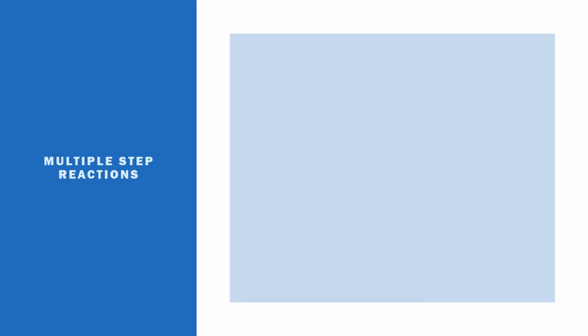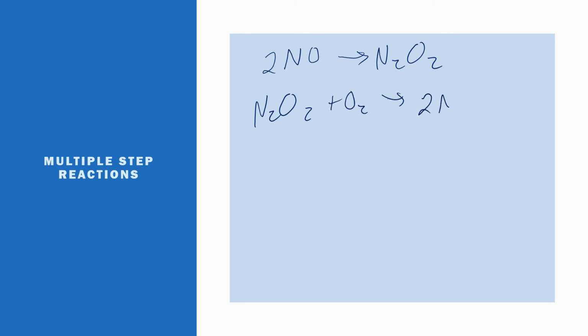So now let's briefly look at those examples that I've already given you. The first elementary reaction we had was 2NO yields N2O2, and we know this is bimolecular because there's two NO molecules. The other elementary reaction I gave you was N2O2 reacting with O2 to form 2NO2. You can actually put these steps together to make an overall reaction.